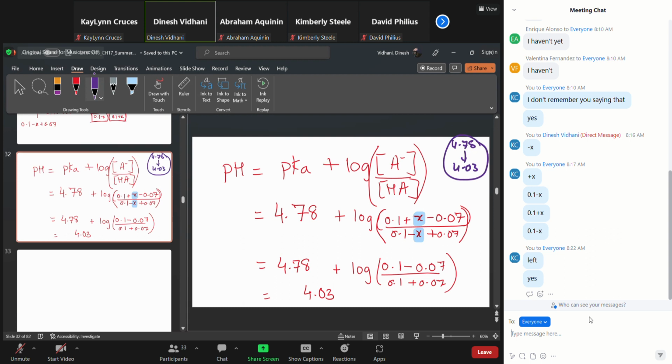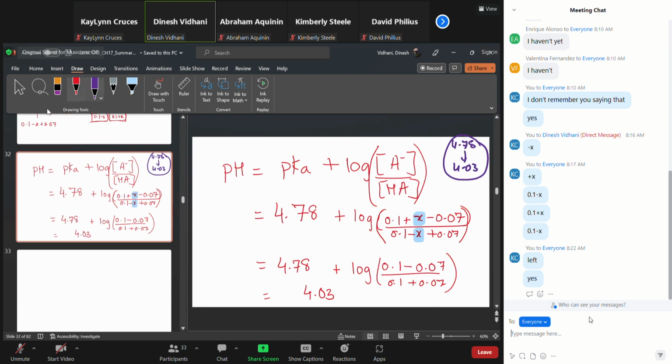Believe me, if you had added the same acid to the neutral solution, the pH would have been roughly 0.03. It would have been that acidic, right? But here, the change is so small. I'm saying it in that comparison. If you add the same acid to the neutral solution, you're going to see a big change, whereas in the case of the buffer solution, it goes from 4.78 to 4.03.